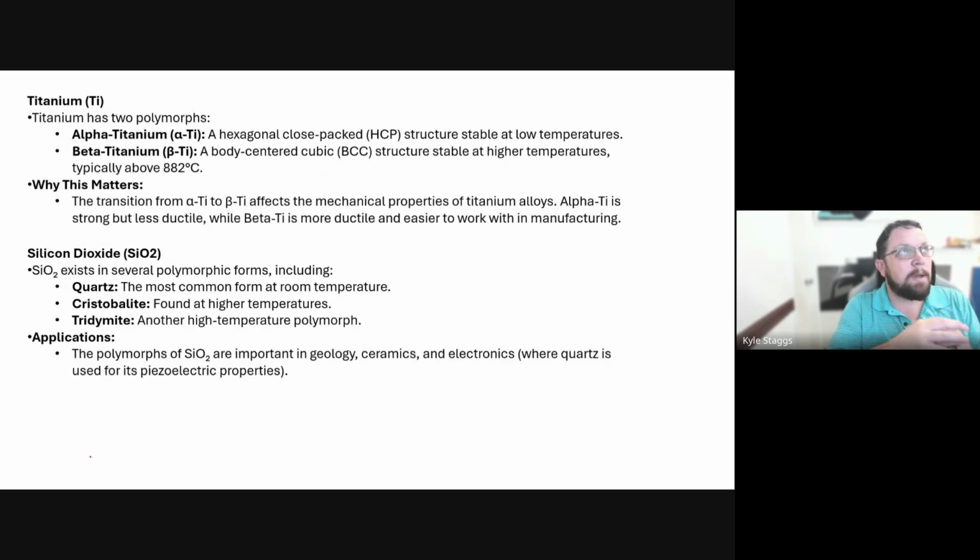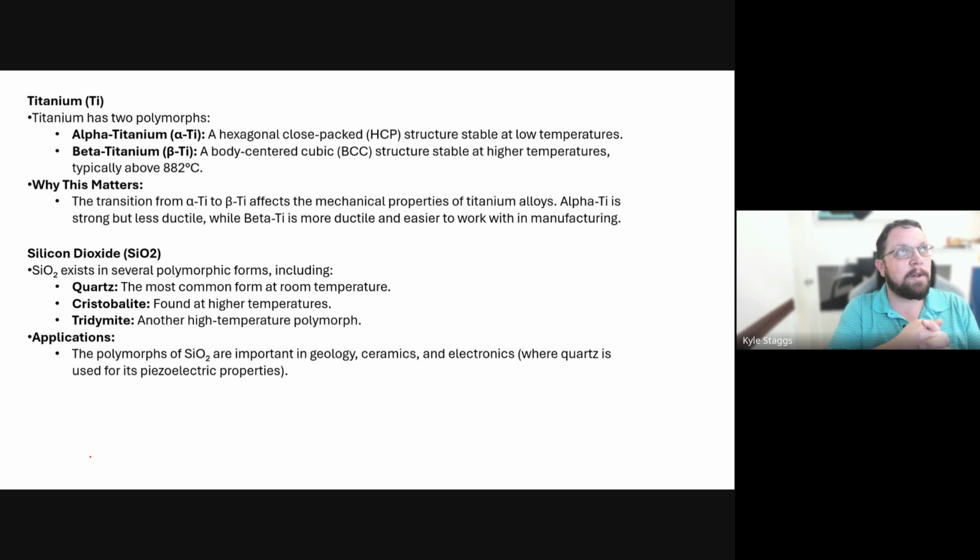Titanium is another good example of this. A hexagonal close packed structure that's stable at low temperatures, whereas the beta is body-centered cubic, stable at higher temperatures. So again, same kind of idea.